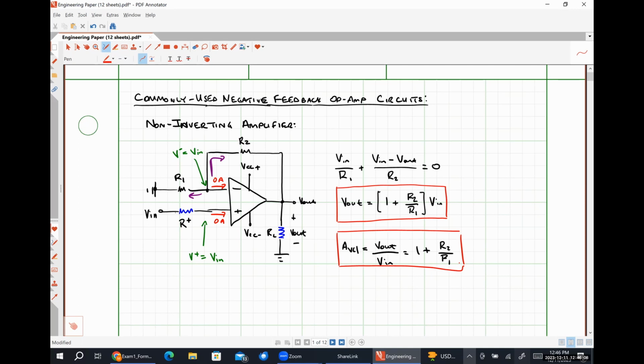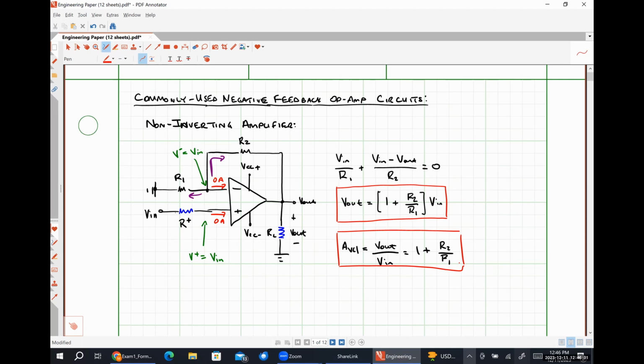So this particular amplifier is used to boost the level of the input signal. And I can say that definitively because we can easily see that regardless of what our resistor ratio R2 over R1 is, the minimum value of our closed loop voltage gain is always going to be at least 1.